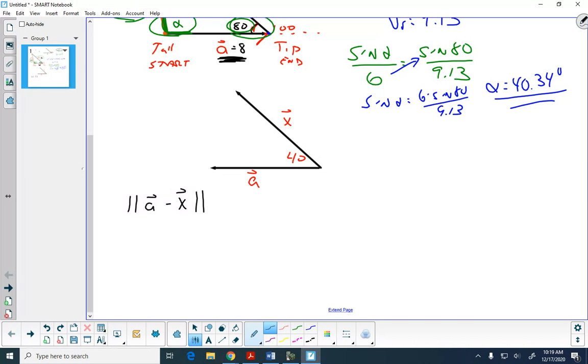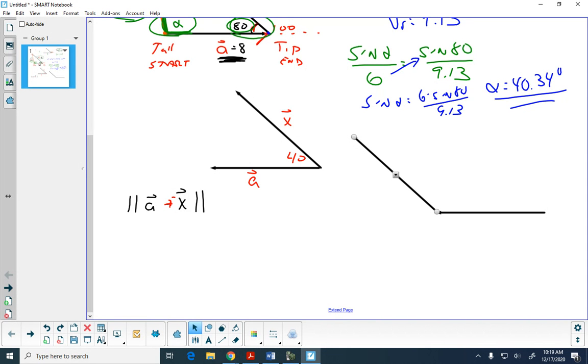So we have a subtraction problem here, which once again, I don't like subtraction, so I boom-ching this to be plus a negative X. So we have A plus a negative X. So we're going to travel A first, and then we're going to travel X. Well, if it was just A plus X, that's what this would look like.